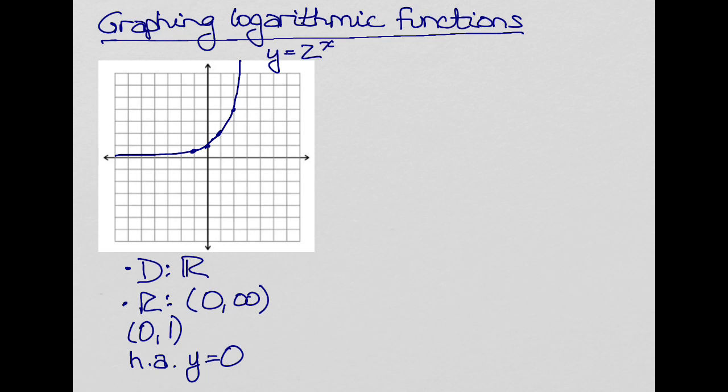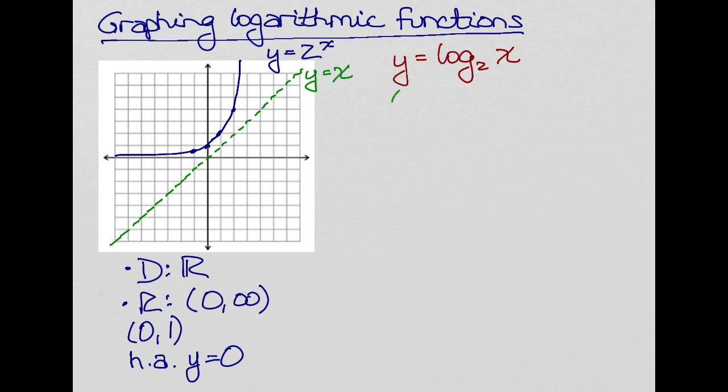I would like to use that to come up with a graph for the function y equals log base 2 of x, the inverse of the exponential function with base 2. And you might remember that the graph of an inverse is the graph of the original function reflected over the line y equals x.